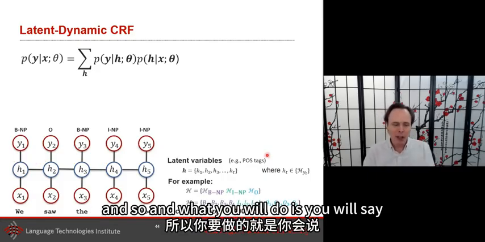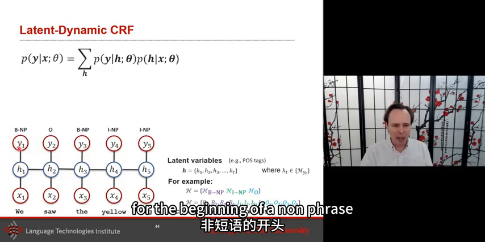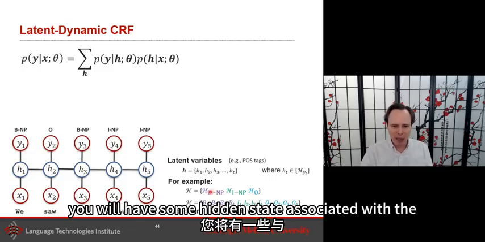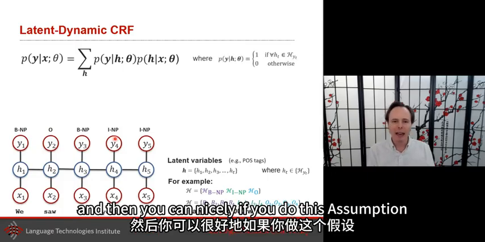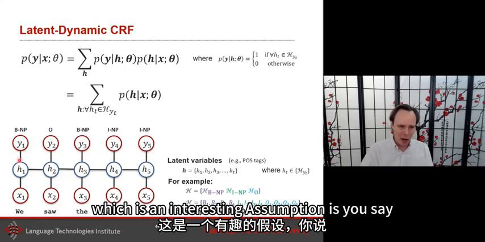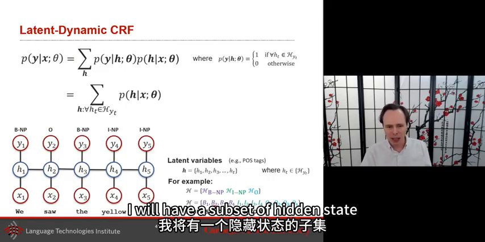And what you will do is you will have some hidden state associated with the beginning of a noun phrase. You will have some hidden state associated with the others, and then some of them for continuation. And then, if you make this assumption, which is an interesting assumption, you say for each of my labels, I will have a subset of hidden states.